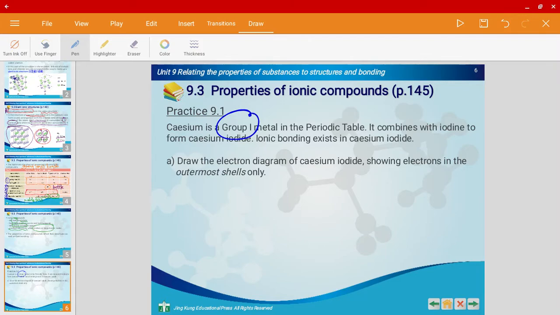Okay, that's simple. We also did this in the exam. Iodine is group 7, cesium is group 1. So let's go ahead and draw it out.